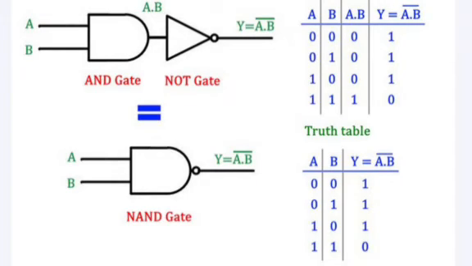The NAND gate simply is a combination of the AND gate and the NOT gate. What does that mean? It means to get a NAND gate, you must first of all get an AND gate, like you have in the diagram, and combine it with an inverter called the NOT gate, which produces the NAND gate.